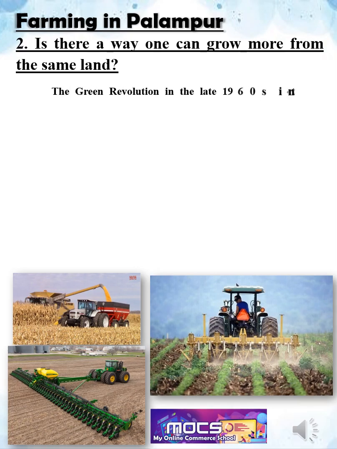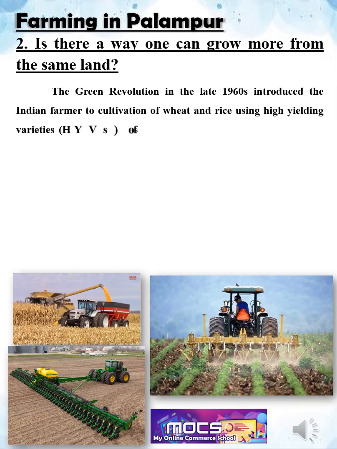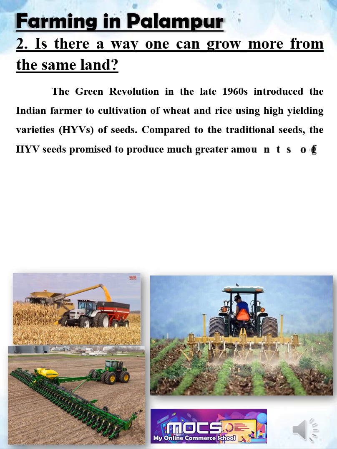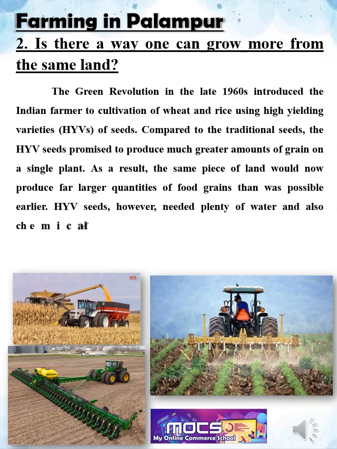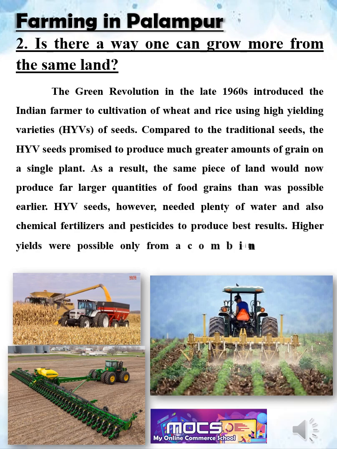The Green Revolution in the late 1960s introduced the Indian farmer to cultivation of wheat and rice, using high-yielding varieties of seeds. Compared to the traditional seeds, the HYV seeds promised to produce much greater amounts of grain on a single plant.